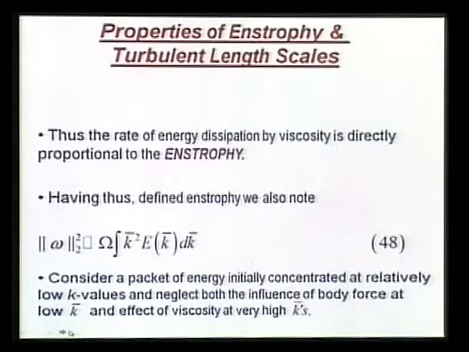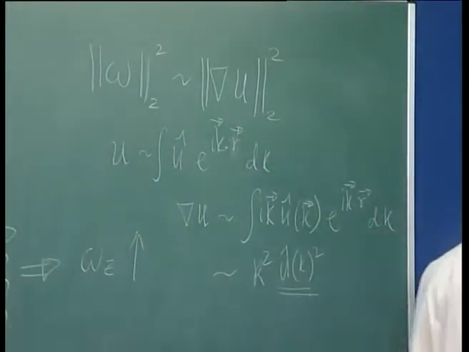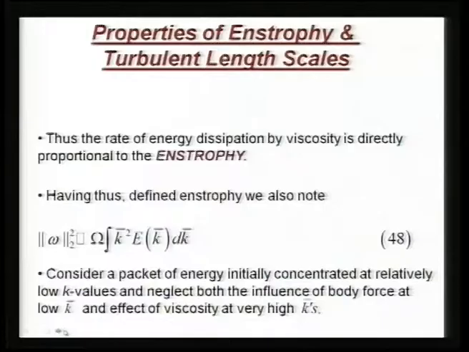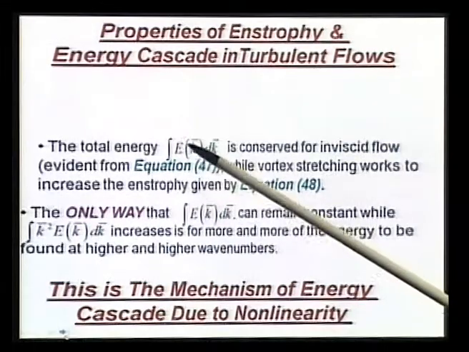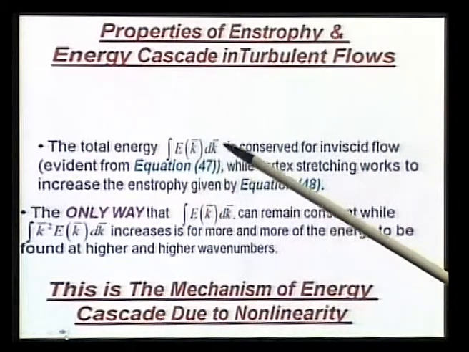Now, let us consider a packet of energy which is initially concentrated at a low k value. Suppose the body force is not acting at low k, and you are also neglecting the effect of viscosity at very high k. Then what happens? If we are looking at inviscid flow, I know the energy is conserved, right. The integral of E k dk is conserved, that is what we have obtained.